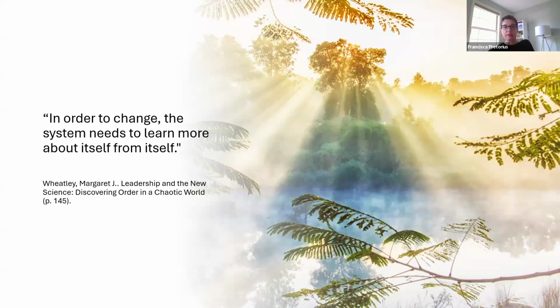This is how people feel on the inside. So in order to change, the system needs to learn more about itself from itself. And this is really what we see the OHA to be, to learn about yourself from yourself. If you're an organization of 200 people, it's very hard for the CEO to meet with everyone and to hear how they're feeling. This is a good way to gauge that feeling.